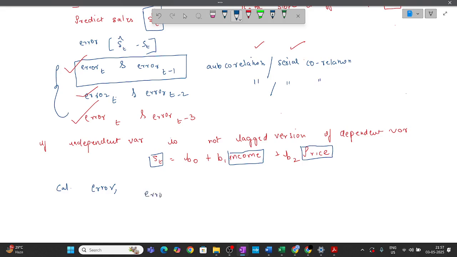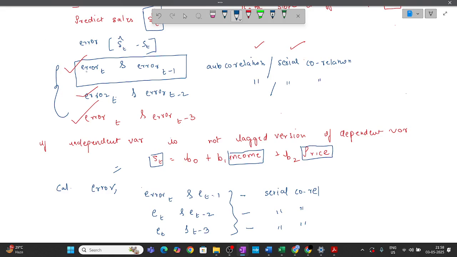You calculate the correlation between errors at time t and errors at time t minus 1, right? Errors at time t and t minus 2, errors at time t and t minus 3. If there is any correlation, if between errors at time t and t minus 1 there is correlation, then yes, serial correlation exists. If there is also between E2 and E2 minus 2, serial correlation exists. At any lag, out of these three, or make four, make five, if there is correlation in the error terms, then the whole model has a problem. Here also it is the same.